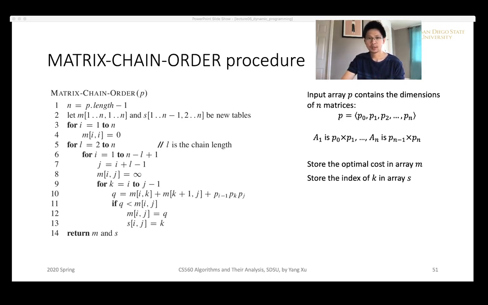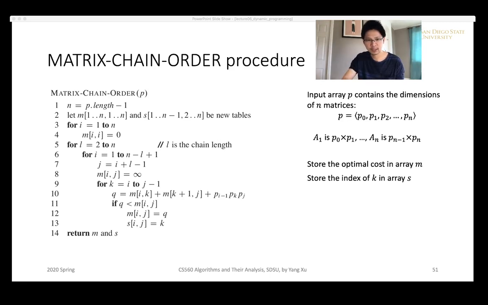The comment says L is the chain length, so L is actually the size of the subproblems. That makes sense why it ranges from 2 to n, because we want to solve the smallest subproblems first. This for loop makes sure that we solve all the subproblems of size 2 first, and after they are done, we solve size 3, and then 4, and so on up to n.